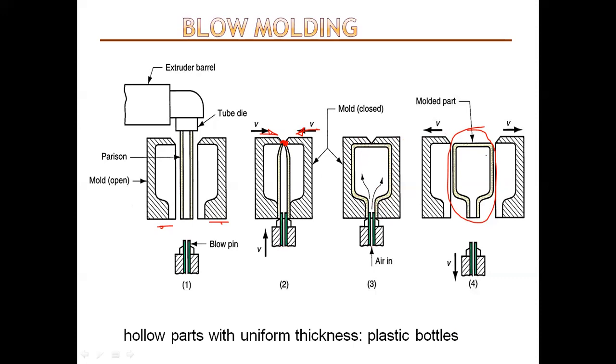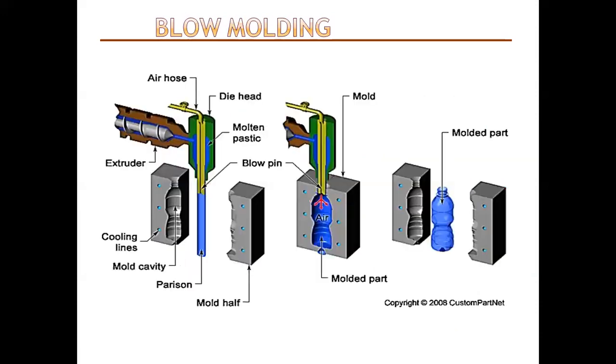The mold cools down, the halves open, and the final part is removed. In such a way, the part is manufactured using blow molding. There are also different types of blow molding: extrusion blow molding, injection blow molding, and stretch blow molding.